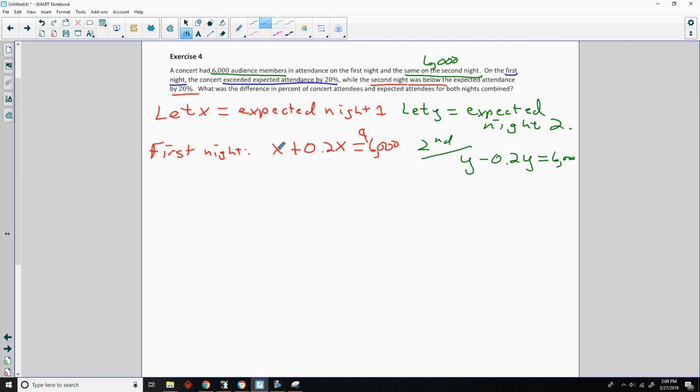Now I'm going to simplify these and solve for x. So 1x, that's a 1 there. 1x plus 0.2x is 1.2x equals 6,000. Okay, and then when I divide both sides by 1.2, I know 12 goes into 60 5 times, so 1.2 would go into 6,000 5,000 times.